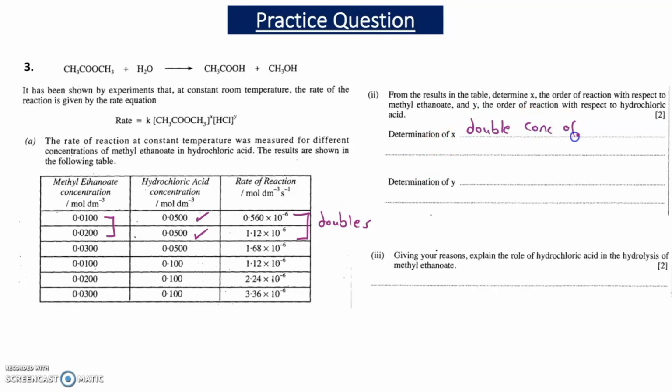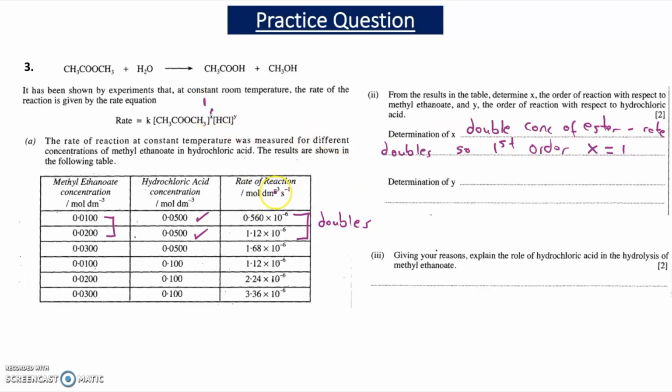So if we look at the first two experiments here, that's what happens. And when we double the concentration of ester, the rate doubles. So therefore, we can conclude that the reaction is first order with respect to the concentration of the ester, methyl ethanoate. So the value of x will be 1.